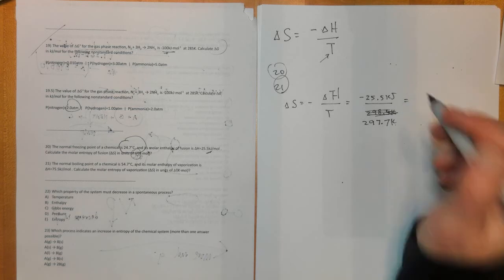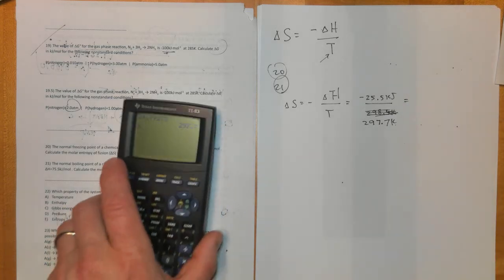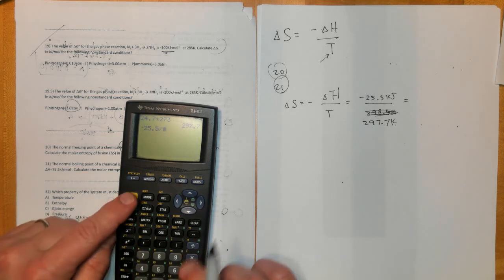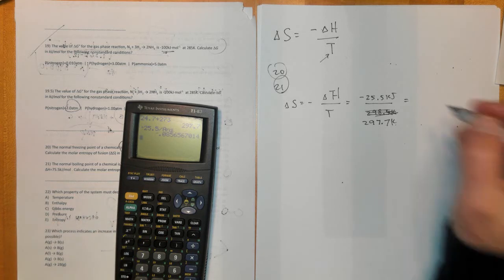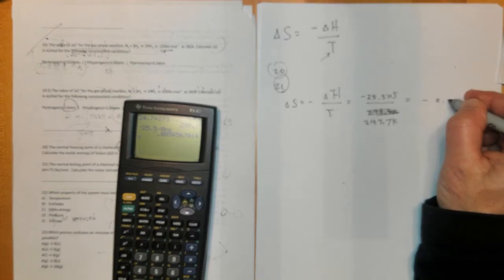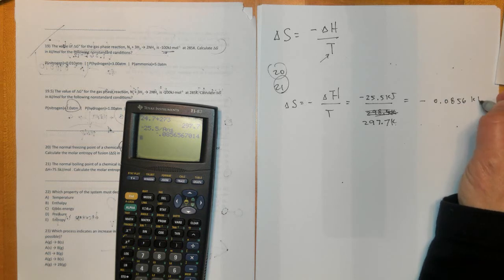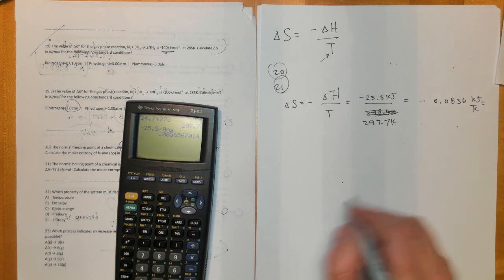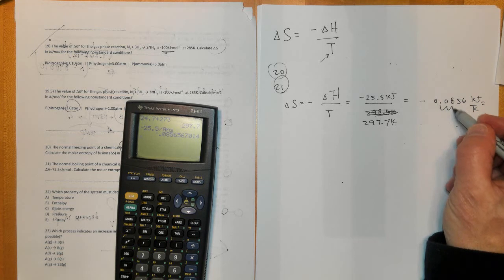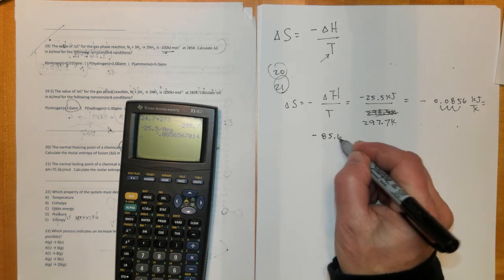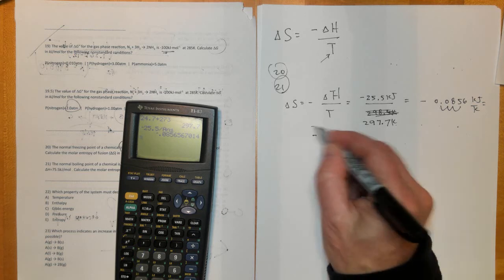Then dividing, negative 25.5 divided by the answer, I end up with negative 0.0856. Remember, that's in kilojoules per Kelvin, and we want it in joules per Kelvin, so moving 1, 2, 3 to the left would give us negative 85.6 joules per Kelvin.